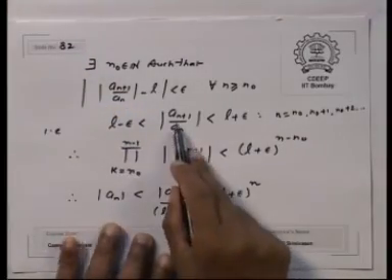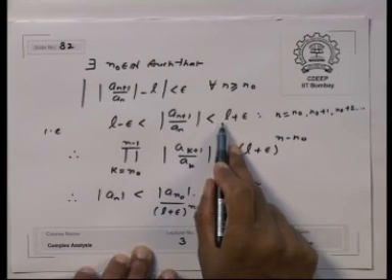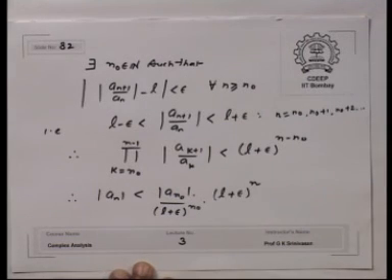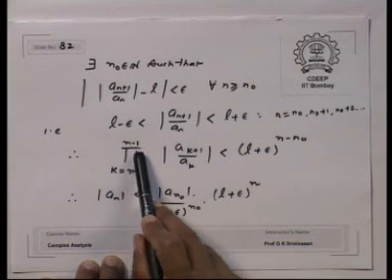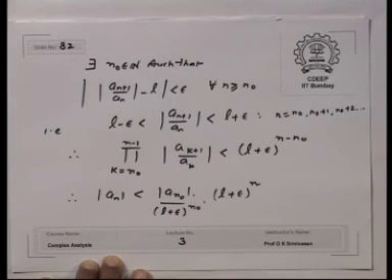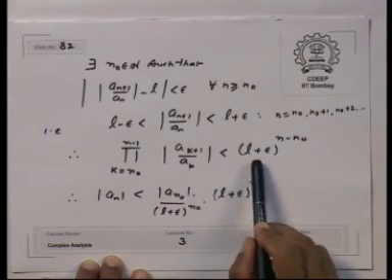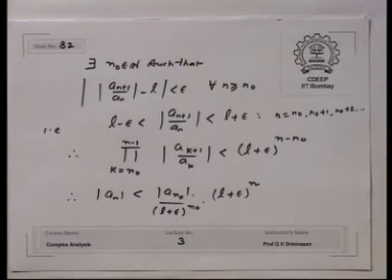So I am taking, instead of n, k. I write down this inequality for n naught plus 1, n naught plus 2 up to n and multiply out the inequalities, correct. What are you going to get? Product k from n naught to n minus 1 of mod ak plus 1 upon ak is less than L plus epsilon to the power n minus n naught.